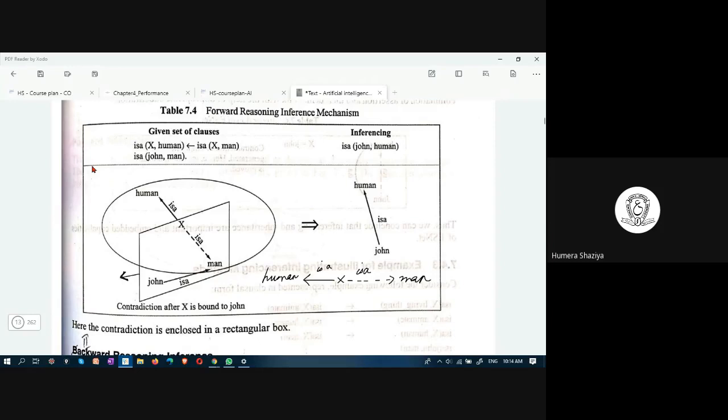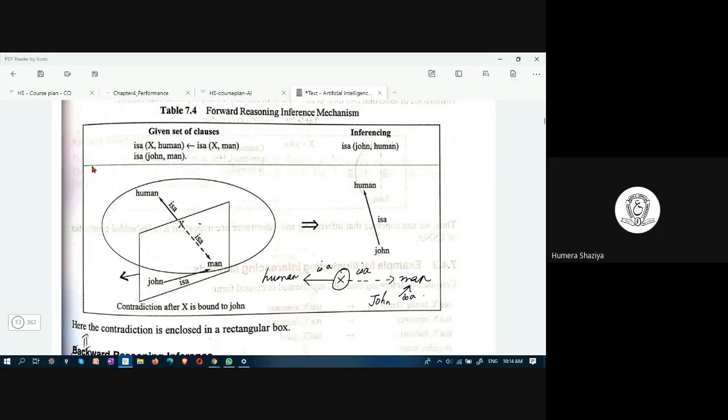And then we say that John is a man. When we say John is a man, we know that if X is a man, X is also a human. When John is a man, John is also human. This is inference or deduction. What are we deducing? That John is a human.